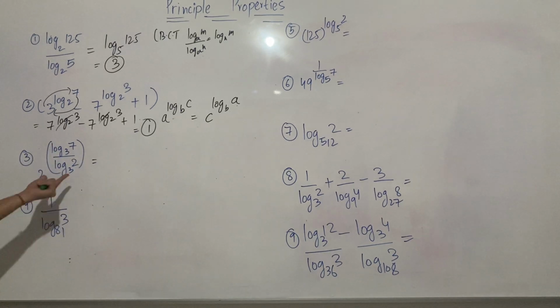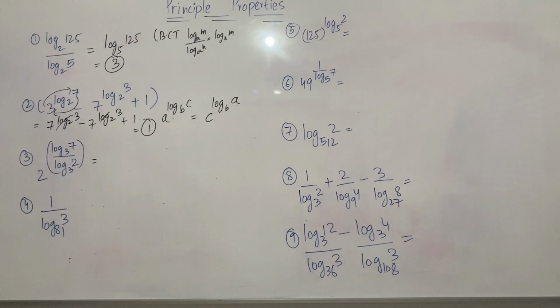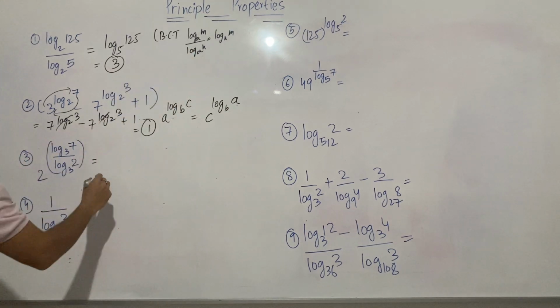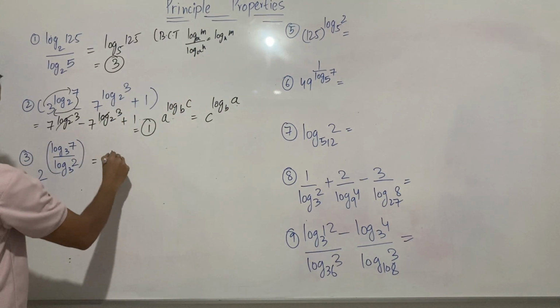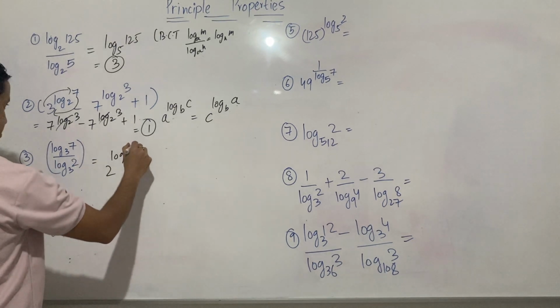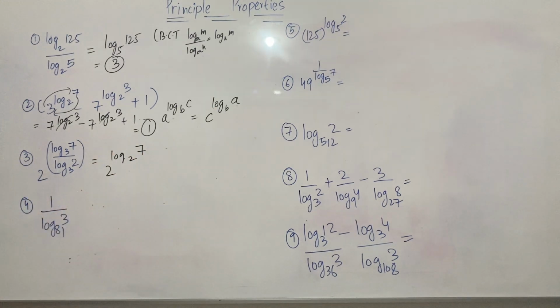Now see here, if you look at this thing, we have the common base. So here, what we can do, we can use BCT, the base changing theorem. So if we use the base changing theorem, it would be 2 raised to log 7, and here base 2, right?